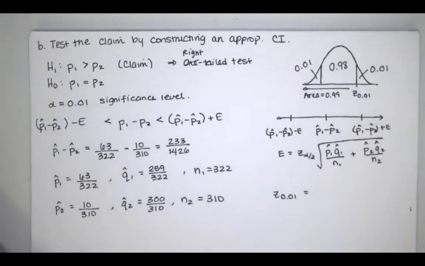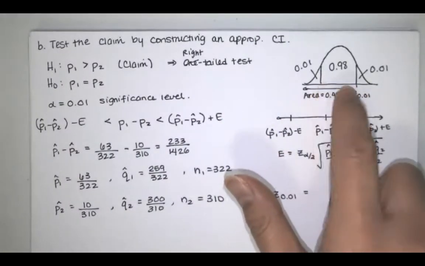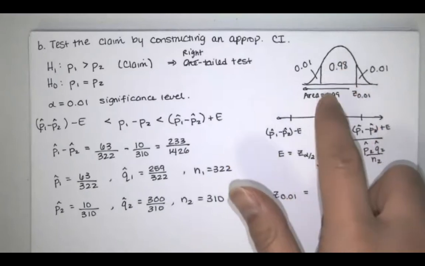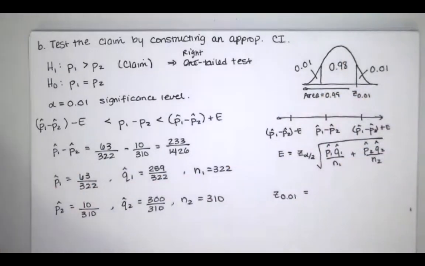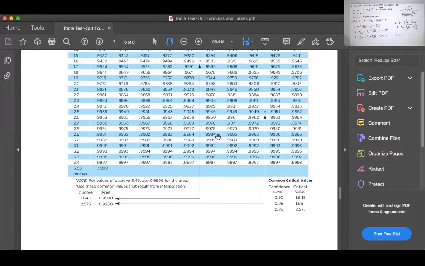Let me share my paper with you. Notice that it's an area to the left of 99%, 0.99, so it's definitely greater than 50%. So this is a positive z-score. Now I'm looking for an area to the left of 0.9900, and you're just trying to get as close as you possibly can.